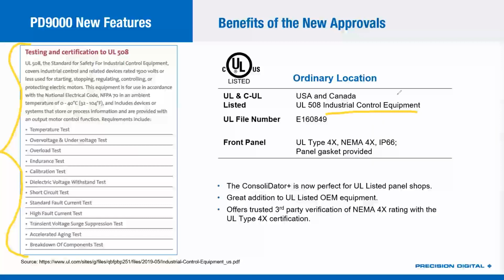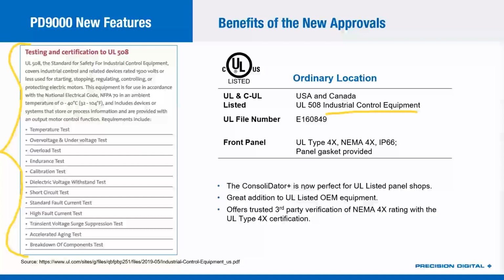And what's nice about having the UL 508 industrial control equipment approval is you can use it in UL panel shops and the builds of UL panel shops without having to go out and get this retested by UL.